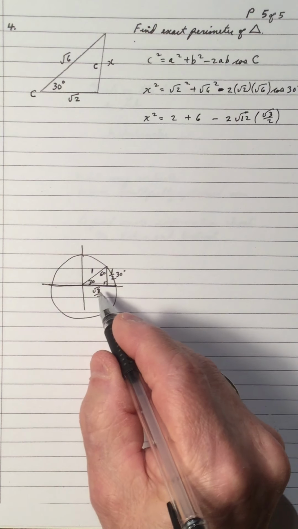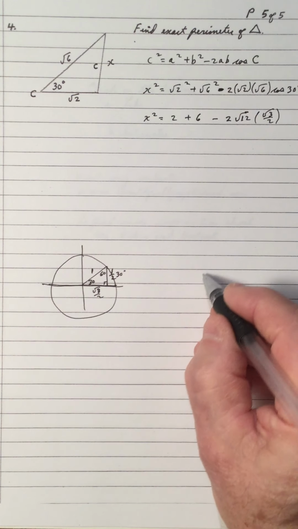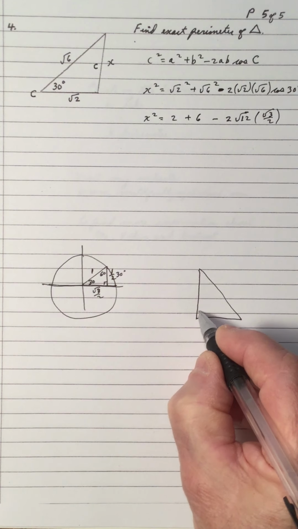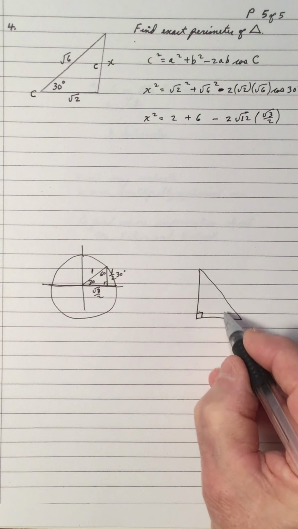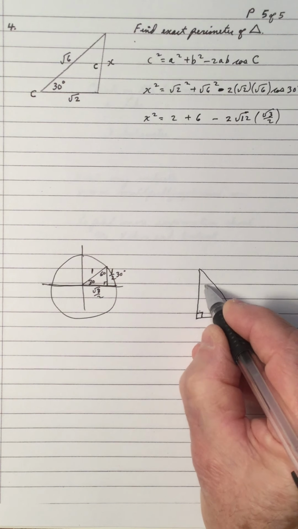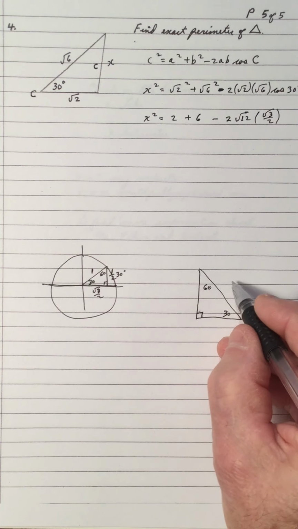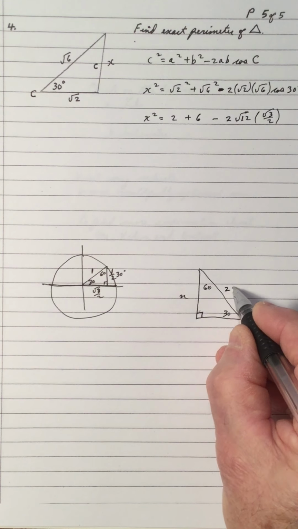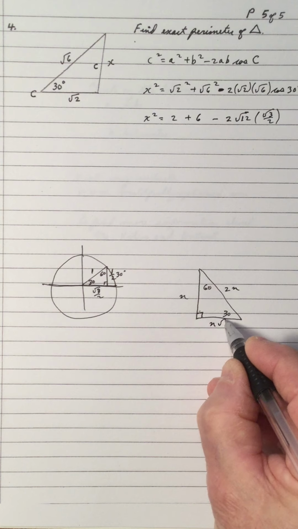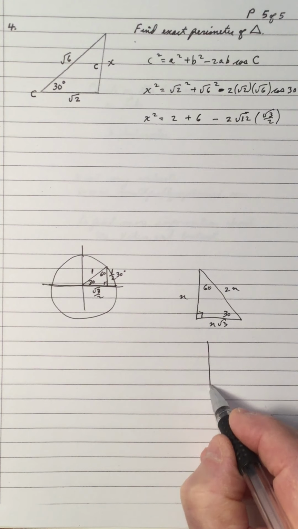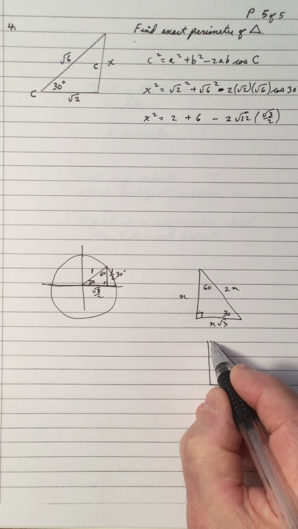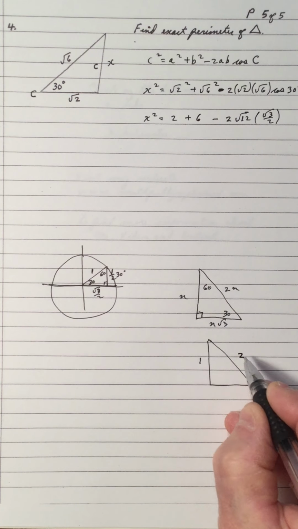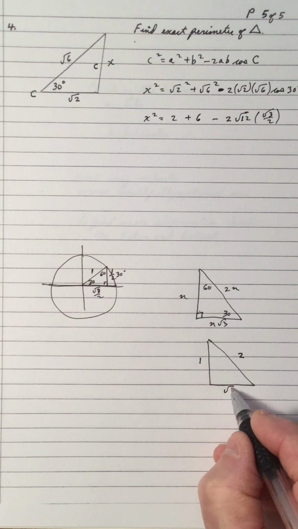Okay. Another way to do the cos of 30: if you think of a right triangle, this is 30 and this is 60. Remember the right triangle? We had an n, a 2n, and an n root 3. If you take that triangle and make them all 1s, n is 1, 2 times 1 is 2, 1 times root 3 is root 3.